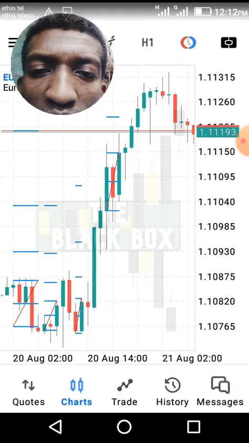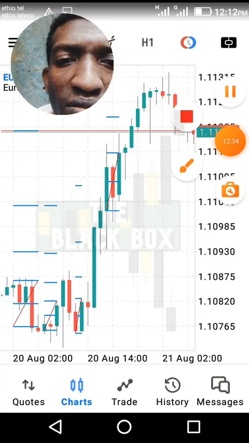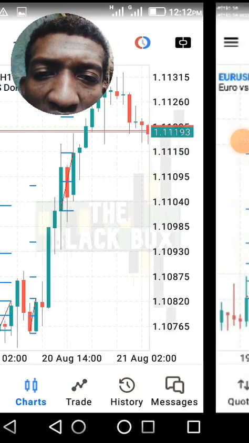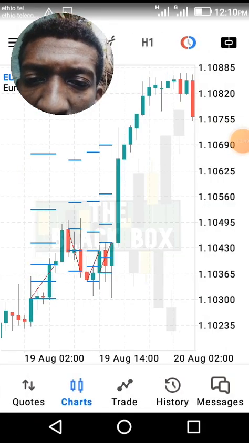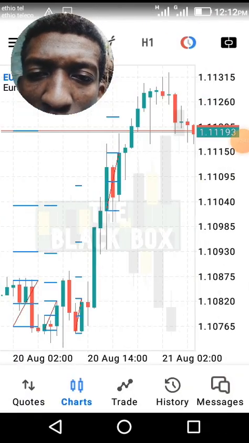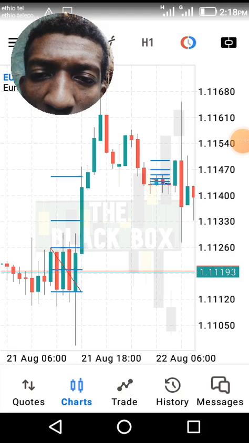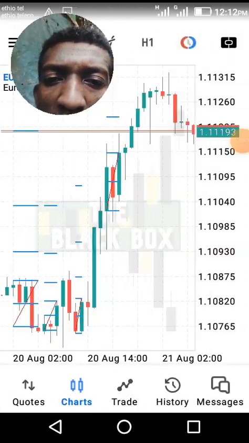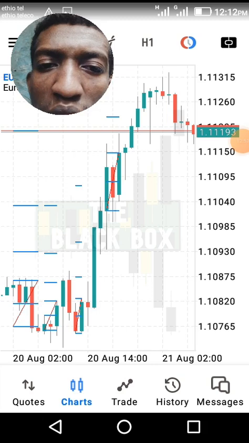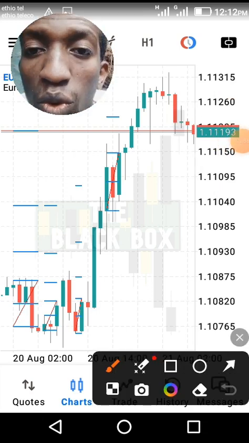Then afterwards I don't know what happened. Okay, let us see. This is another setup. So there is nothing like this here. I don't know what happened right here. So we will manage it based on what the market gives us.